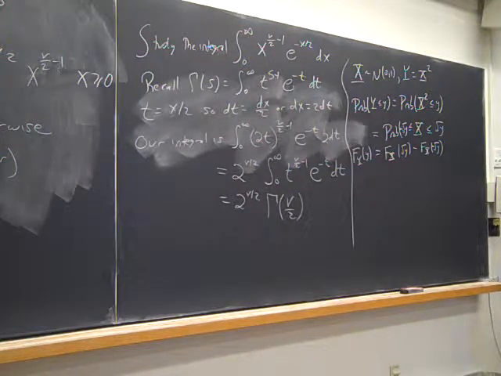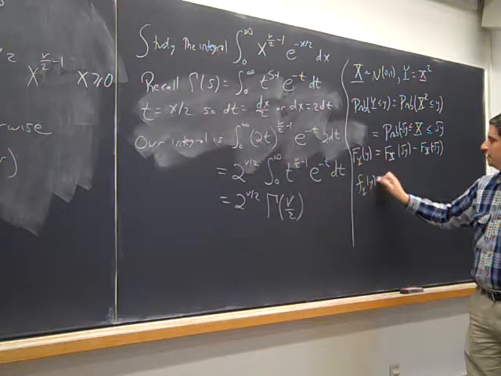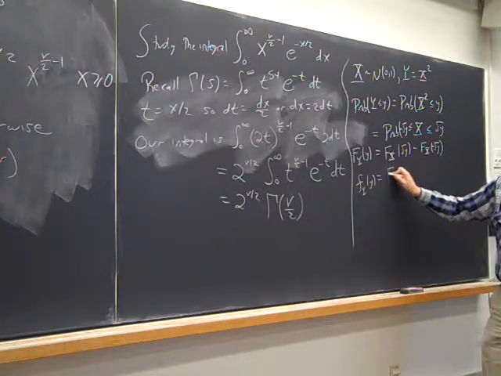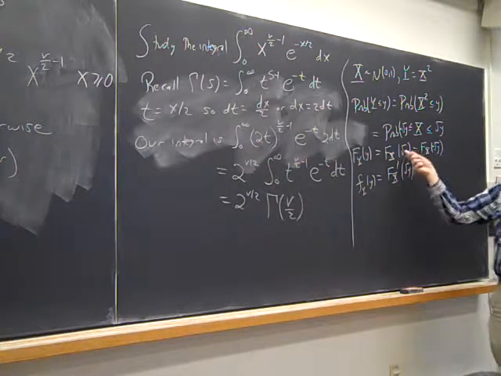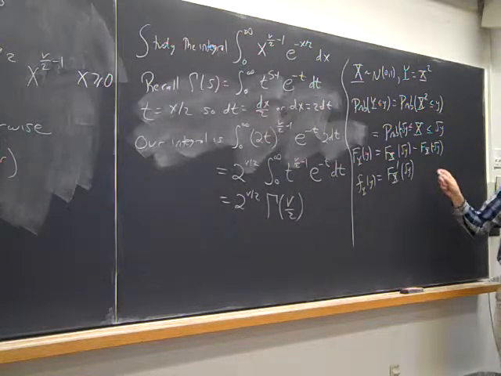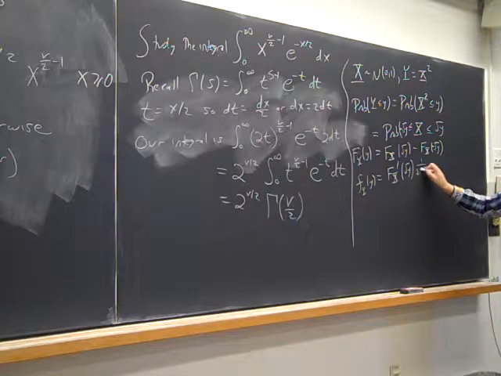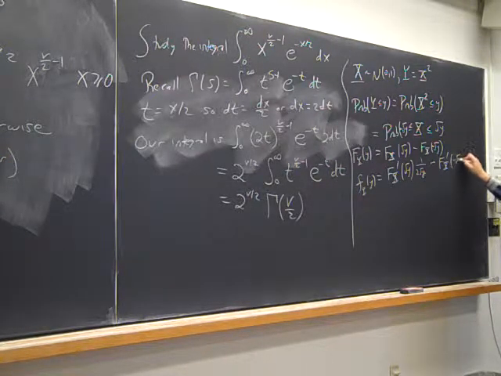So now that we have this, we can get the density by just taking derivatives. So we get f_Y of y: now we take the derivative of big F of x at square root of y, and now we have to use the chain rule. Now we take the derivative of square root of y, which is going to be 1 over 2 square root of y, minus the derivative of big F at negative square root of y times the derivative of negative square root of y.